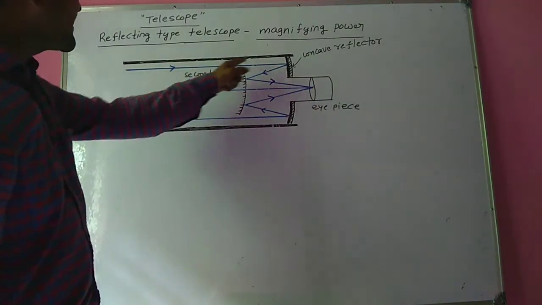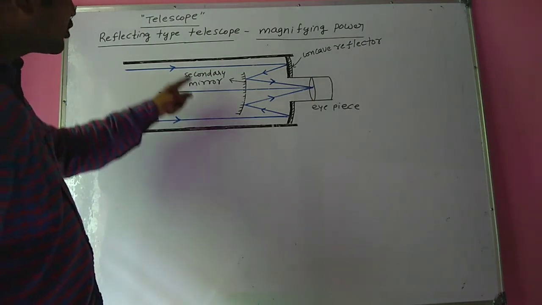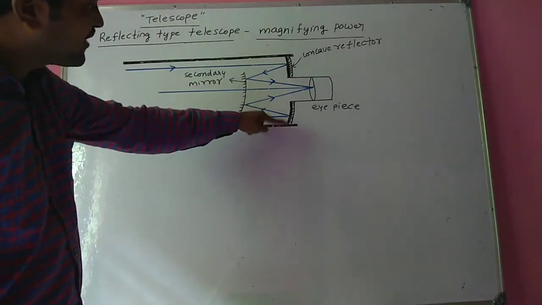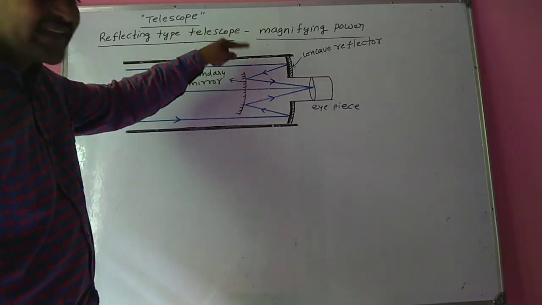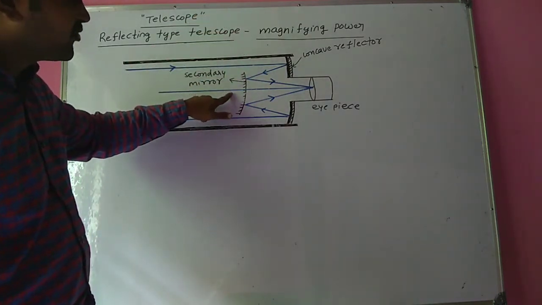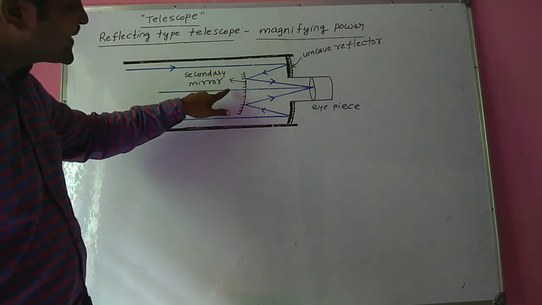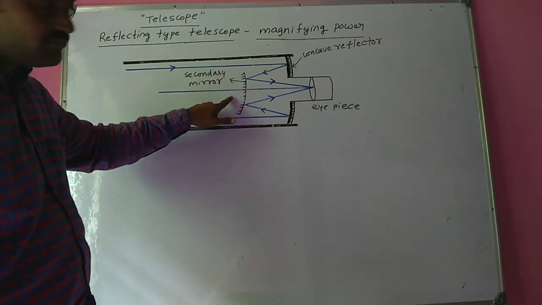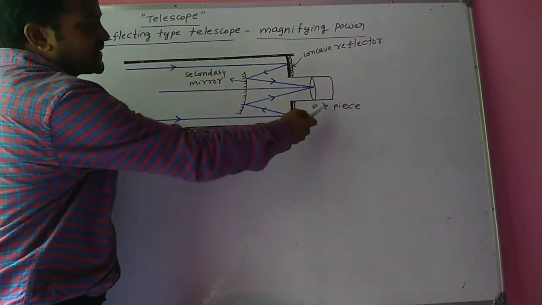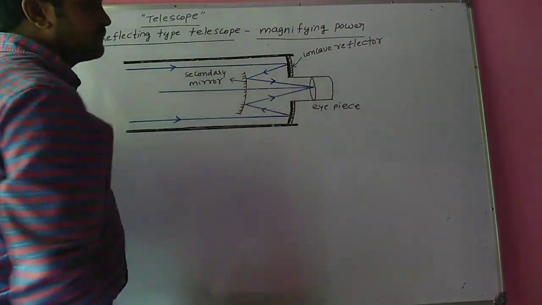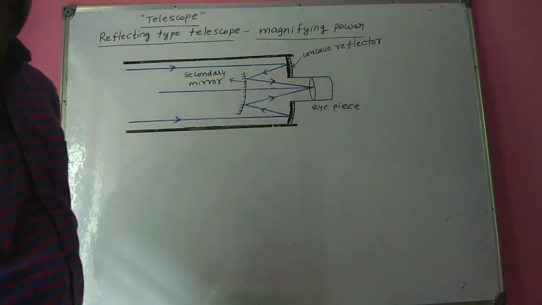Here the light rays from the object, parallel to the principal axis, are incident on the reflector and reflected back, and they tend to focus at the principal focus. Before focusing, they are again reflected by the secondary convex mirror and focus at the eyepiece. The image is observed at the eyepiece.